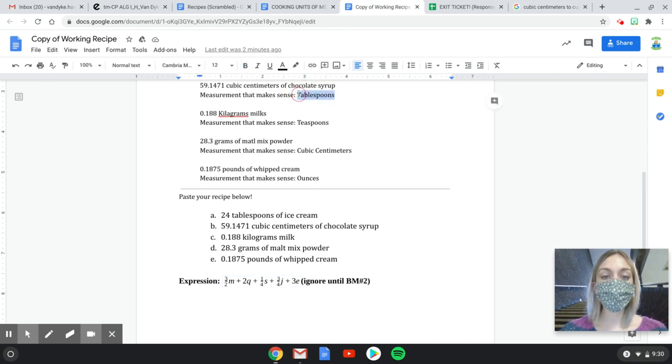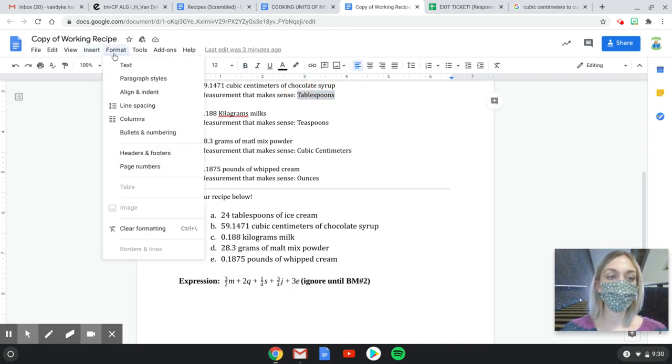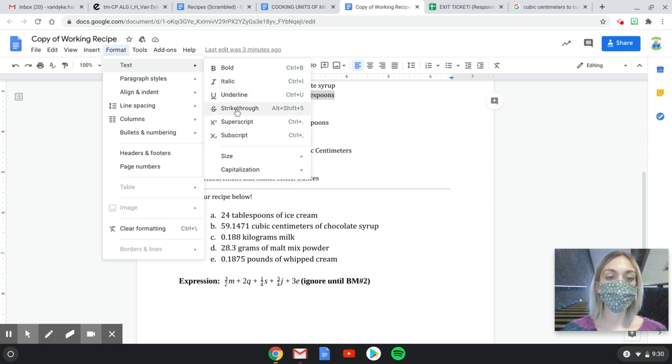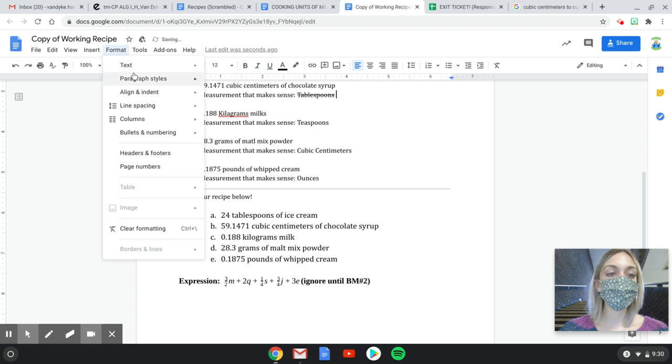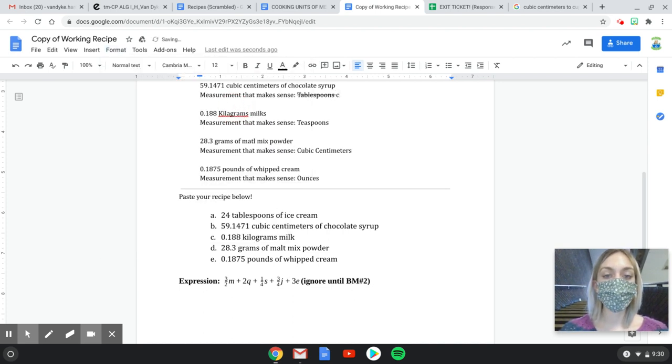So if I don't do tablespoons, because the coefficients didn't match, and I decide to do cups instead, I get 0.25 cups. So I'm just going to make a note of that.